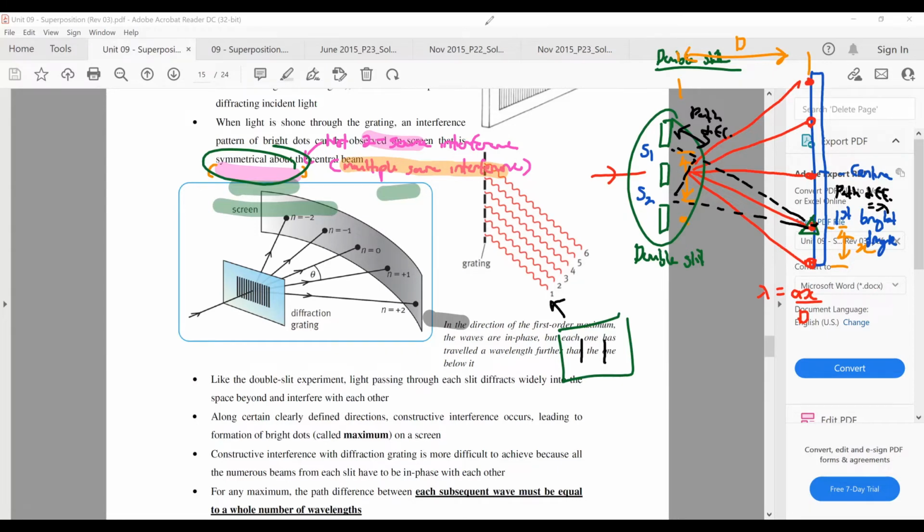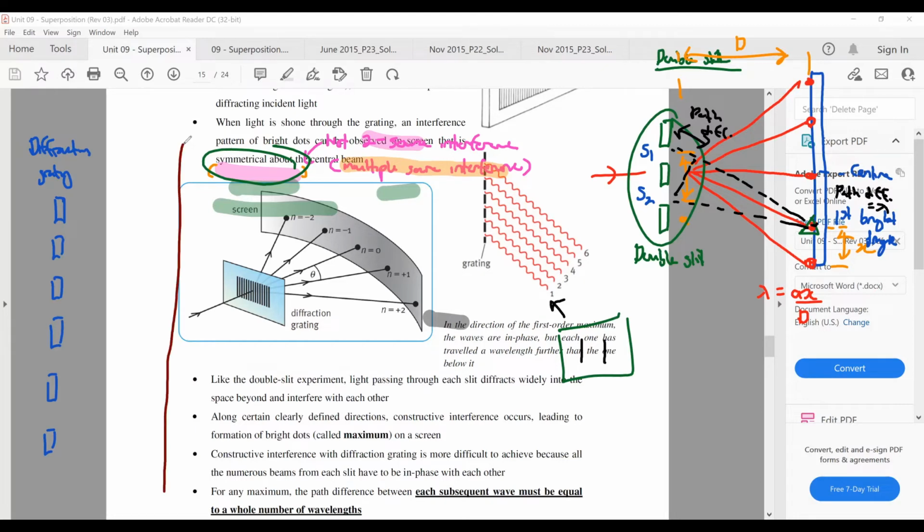Now for the diffraction grating, it is a similar concept, where you have your bright spots. You're also supposed to have constructive interference there, and when it comes to the path difference, it's the same. So what do I mean by that? Let's just say that this is my diffraction grating, with many slits, and this one is my screen that I place behind.